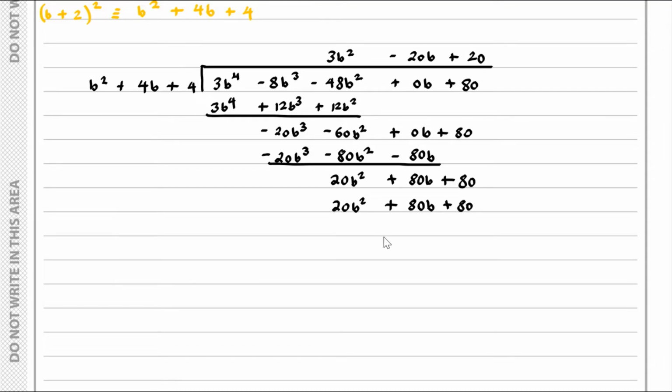And if we subtract these two, we end up with 0. So let's just make it clear that we're subtracting these from each other. So we have a remainder of 0.